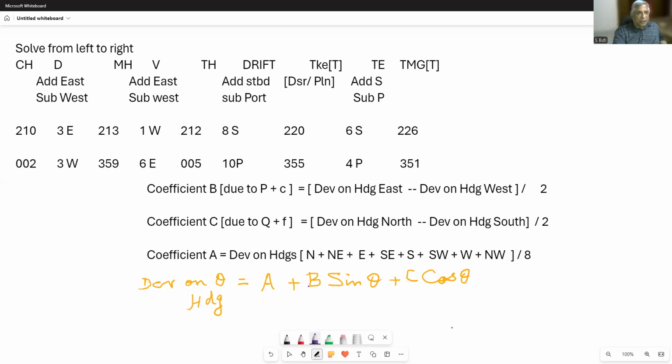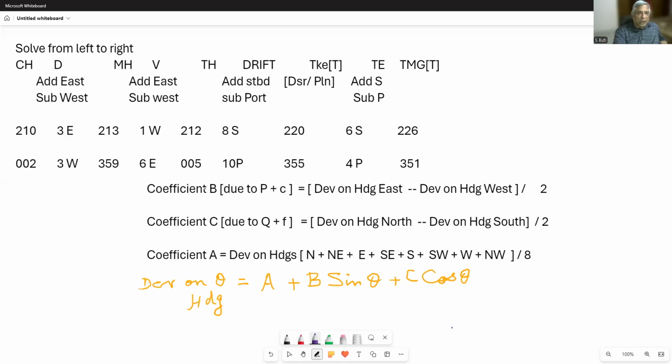Next, this is the deviation which we use in the air. Deviation on heading theta, which is given in the deviation card prepared for you on the ground through a process known as compass swing.